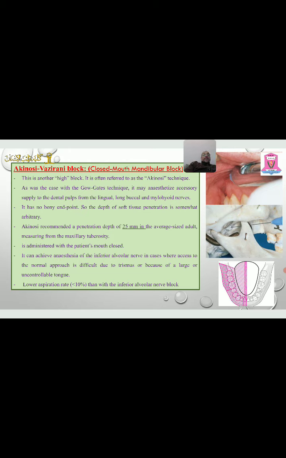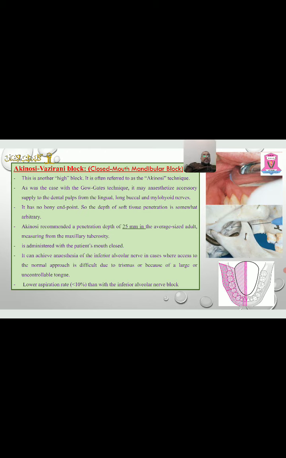It has no bony end point, so the depth of soft tissue penetration is somewhat arbitrary. ماكو هنا bony contact بالأكينوزي. Akinosi recommended a penetration depth of 25 mm in the average sized adult, measuring from the maxillary tuberosity. Is administered with the patient's mouth closed.